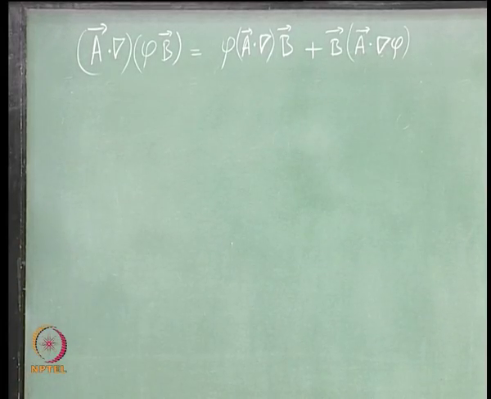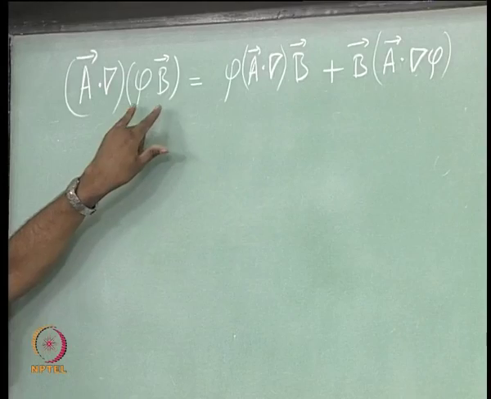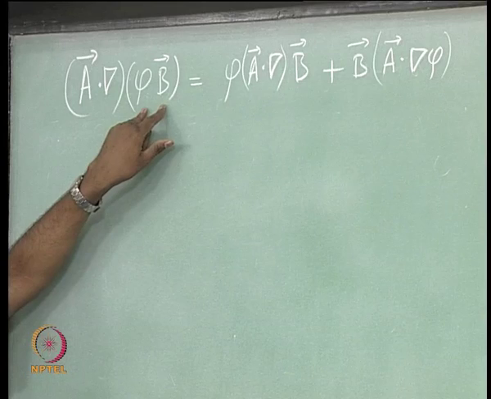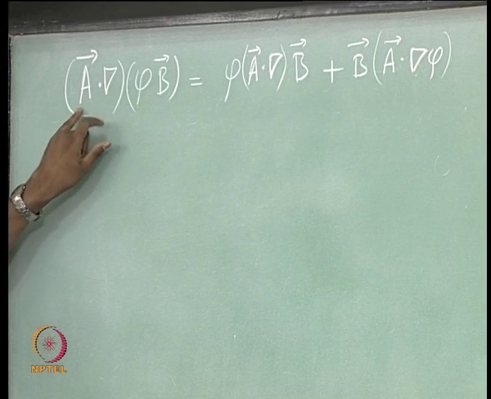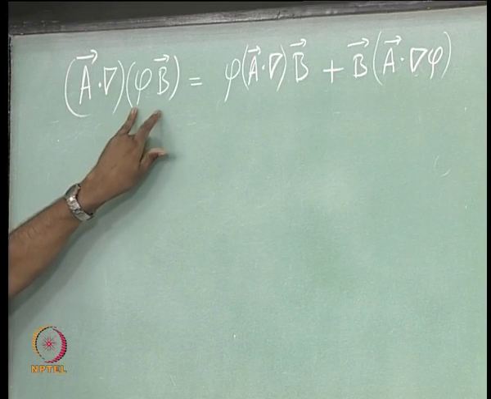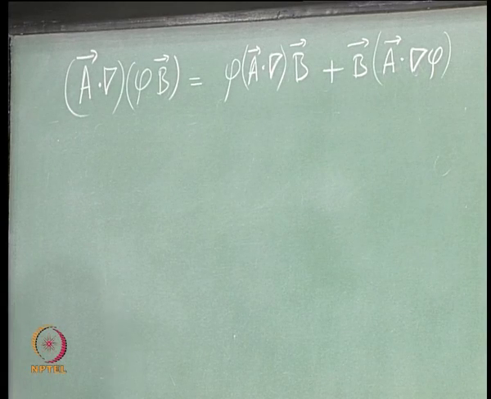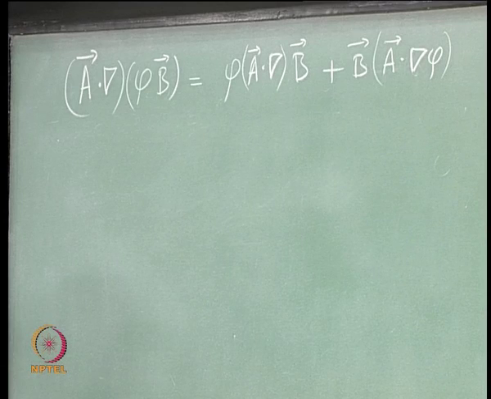This is an identity of just the operator operating on a scalar multiplied by a vector. It is a dot del as an operator, differentiation operator, acting on the product of a scalar and a vector. That comes out to be this. So now we just have to look at it in terms of our rho's and u's.